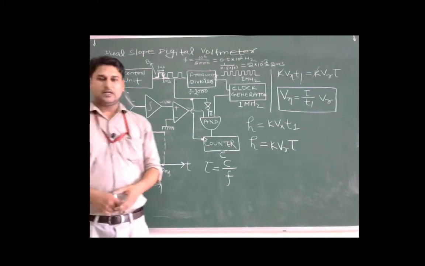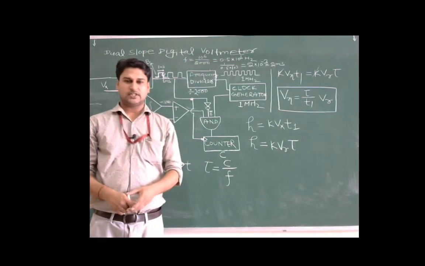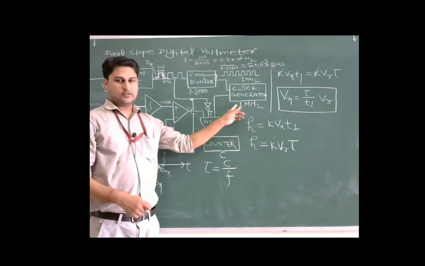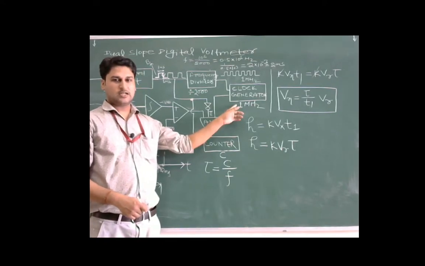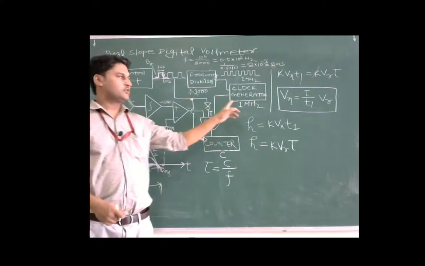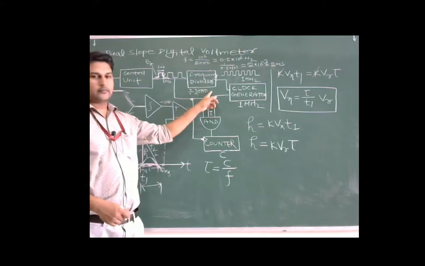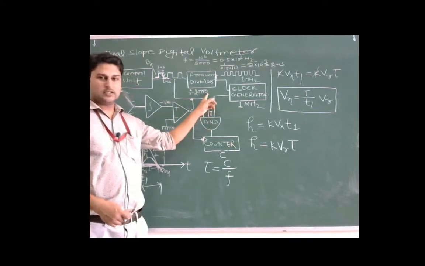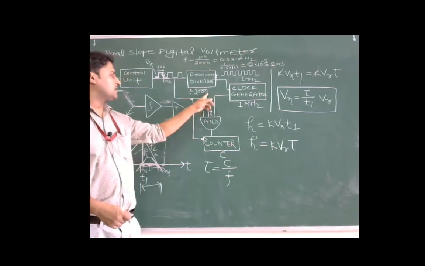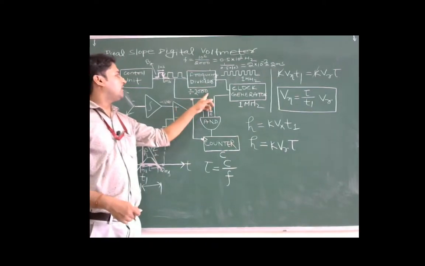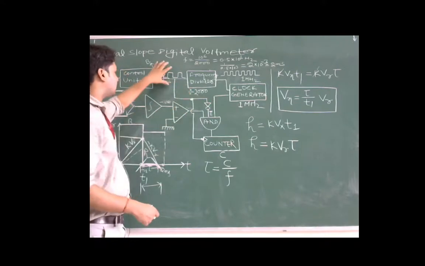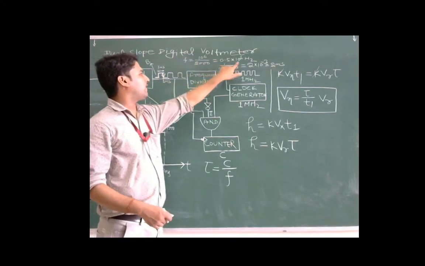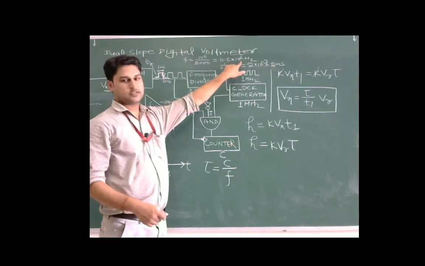I will repeat the working of this voltmeter again. The clock generated here is 1 megahertz, and because we are using a frequency divider which will divide the frequency of the input signal by 2000, after dividing we get a frequency of 0.5 kilohertz.